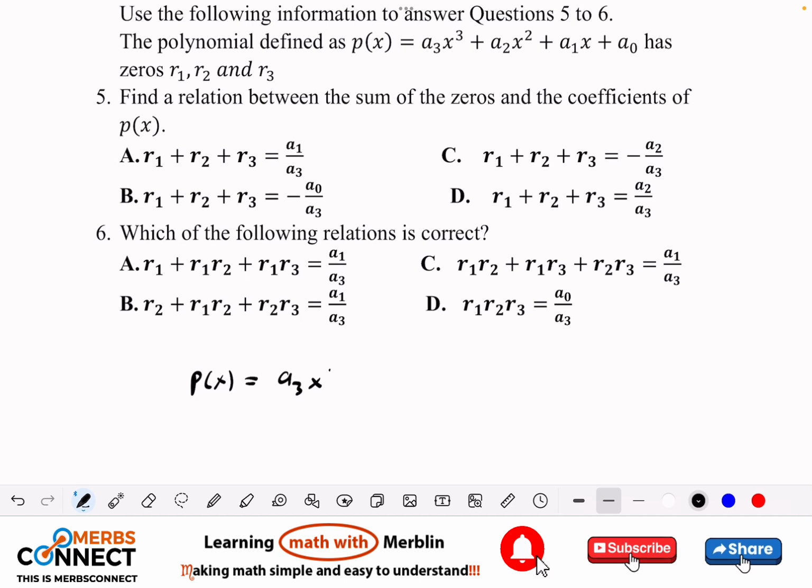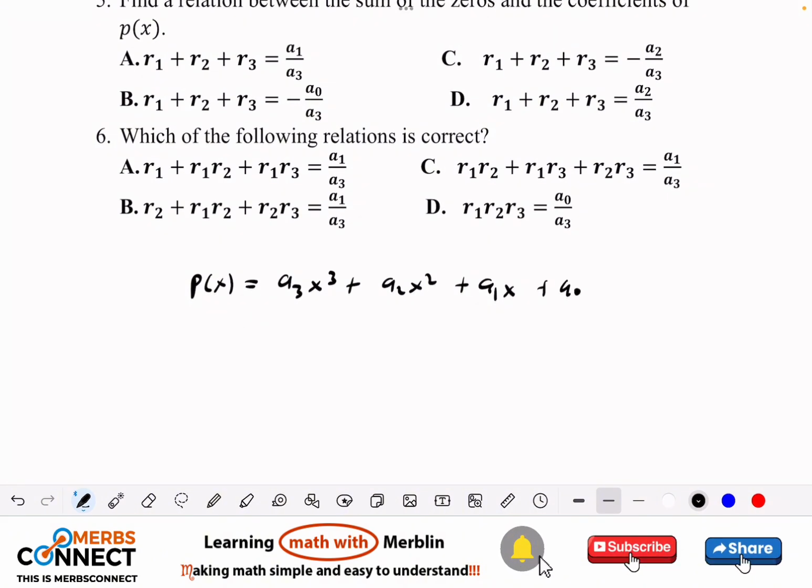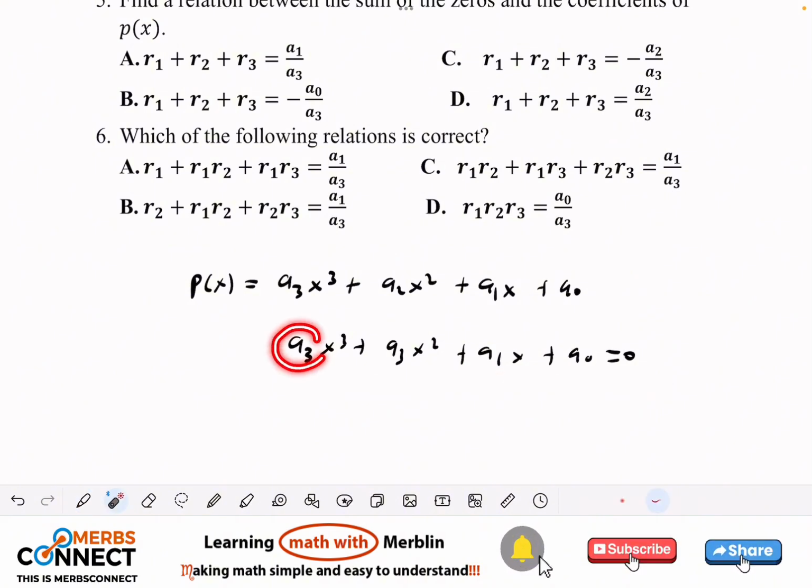So a3 x cubed plus a2 x squared plus a1 x plus a0. This is supposed to be equal to 0 because we are looking at the factors. For this to hold, I need to divide all of them by the coefficient of x cubed.